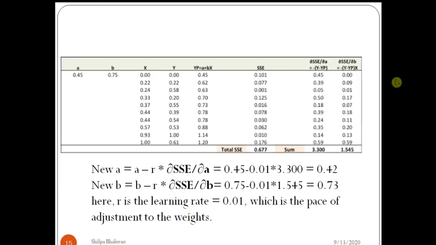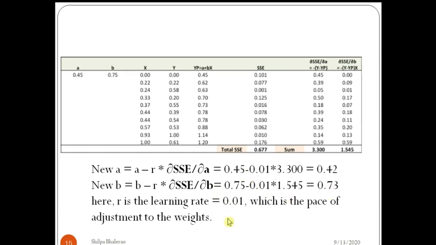The same we have calculated here. So this is subtracted from the previous values of A and B, and we get the new values of A and B, that is 0.42 and 0.73.